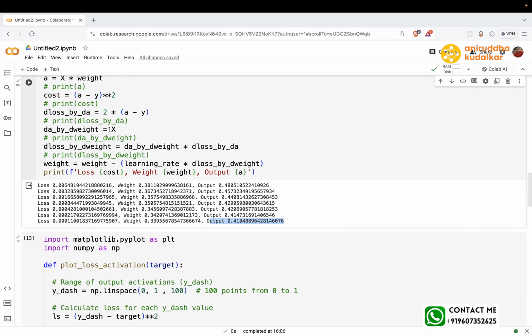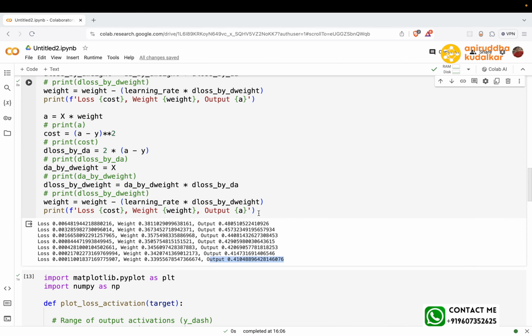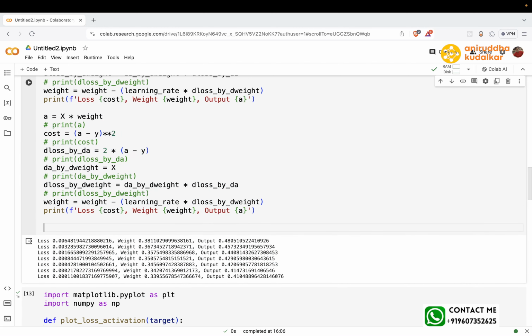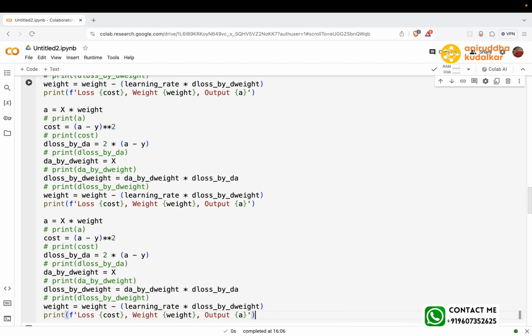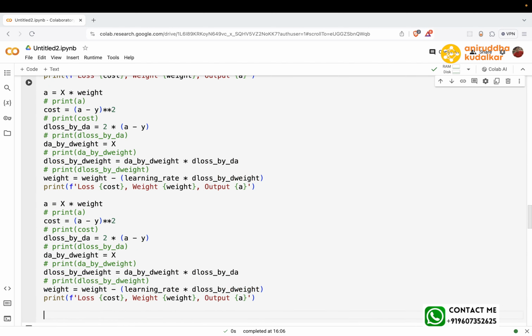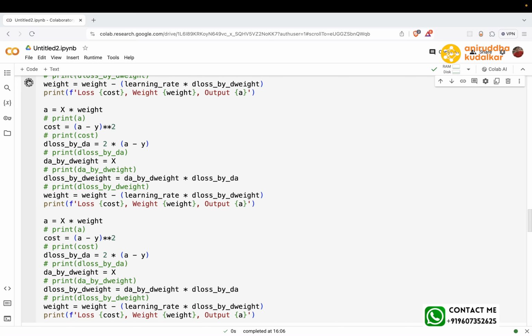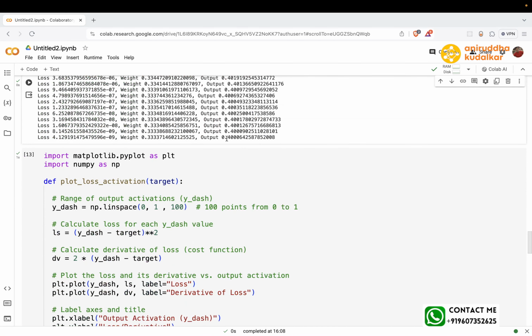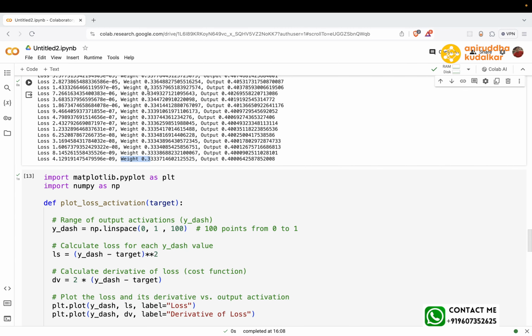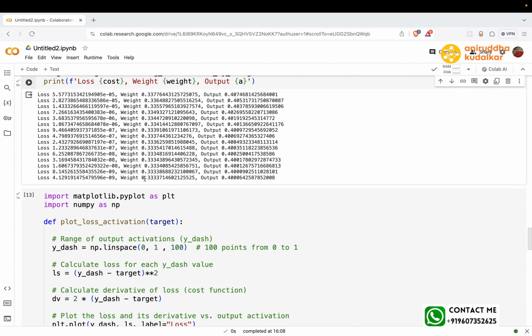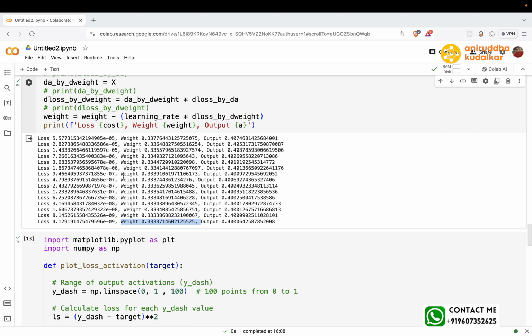If you go on iterating, just try to do that. Write this code 100 times now. It will not go beyond that point. Run it again, and can you see? Here weight is at 0.33 and loss is getting minimum.